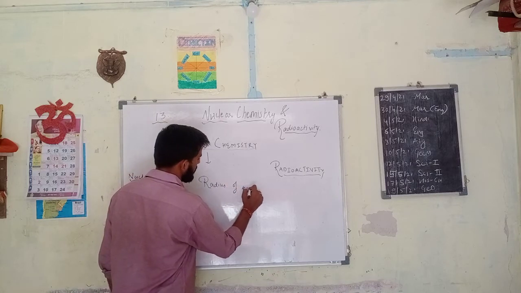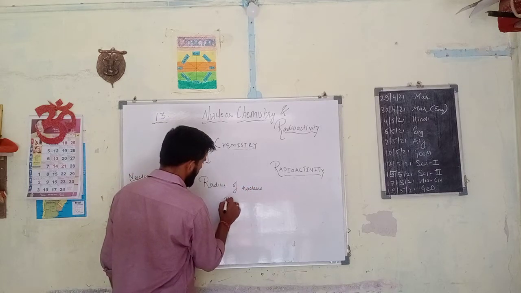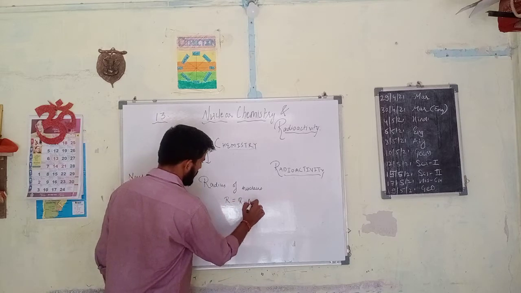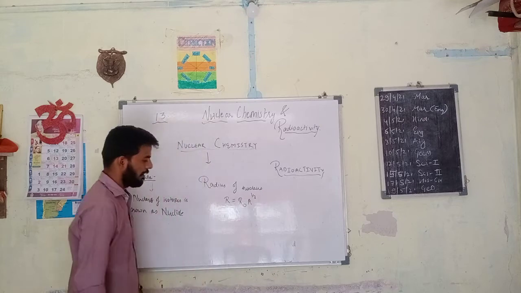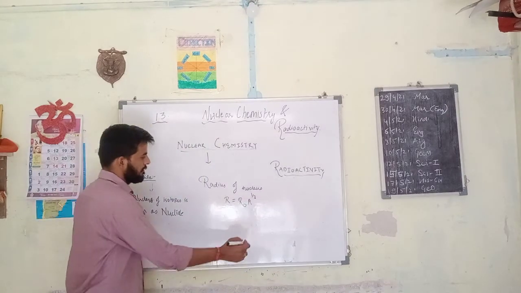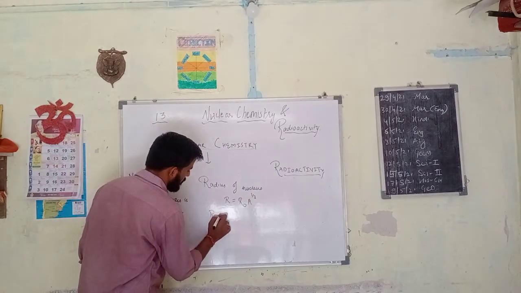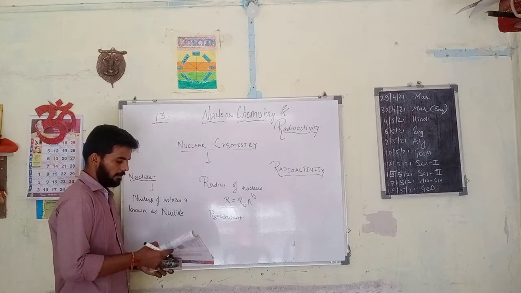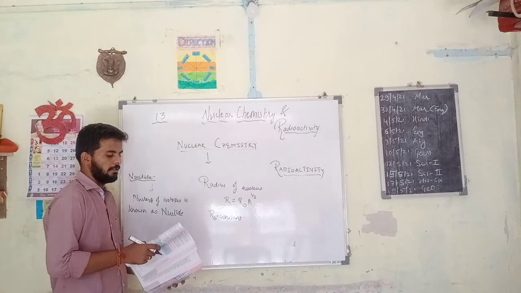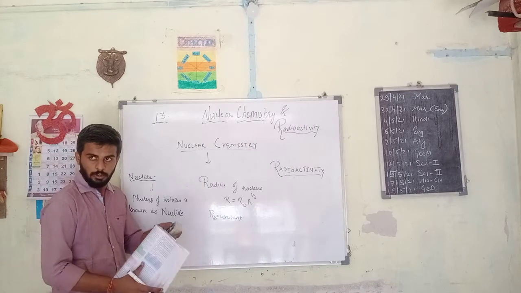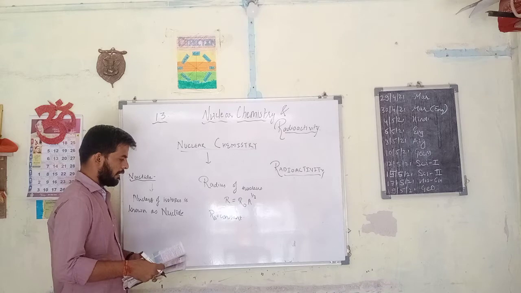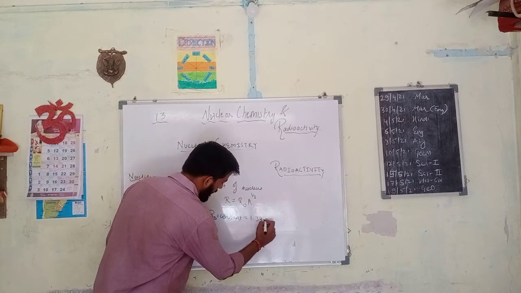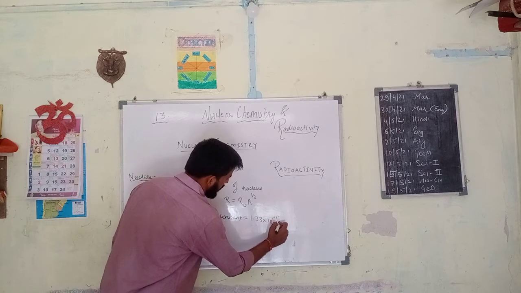R is equal to R0 A to the power 1 by 3, where R0 is a constant, common to all nuclei. Its value is 1.33 into 10 raised to minus 15 meter.